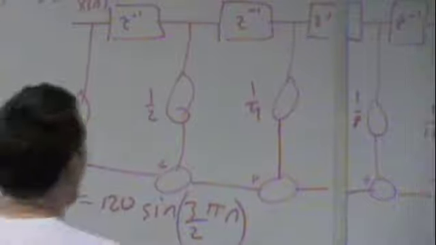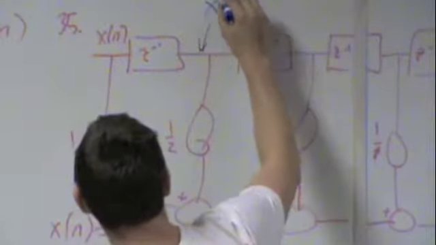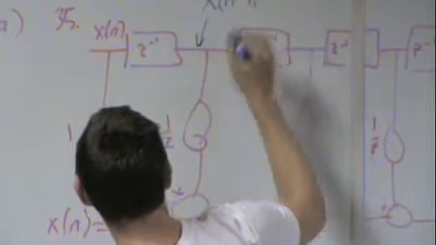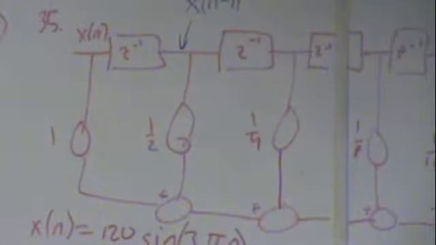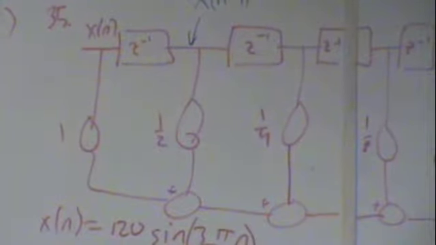When you put x of n through a z of -1 block, it comes out as x of n minus 1. We saw that over here too; when you do the transform, it turns into n minus 1.